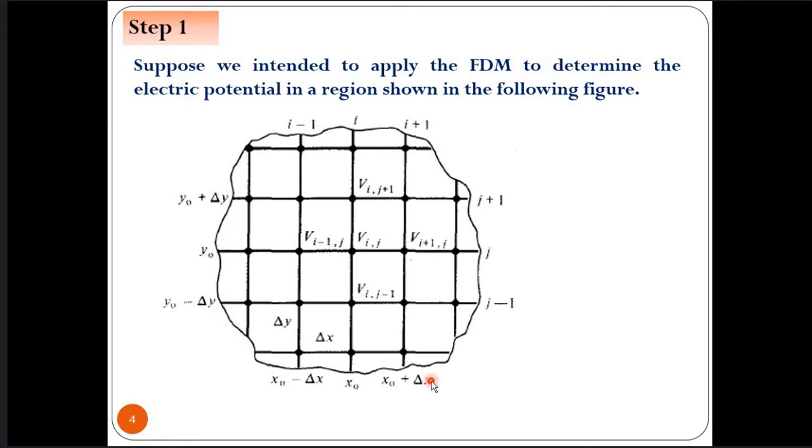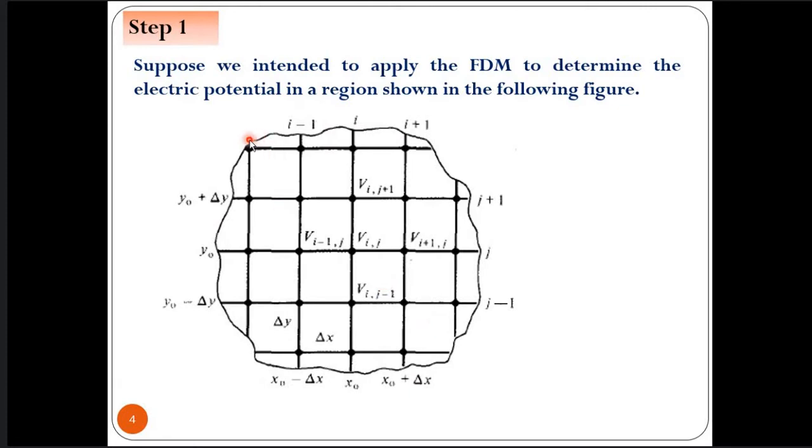Now, to apply the finite difference method, this particular computational method, to approximate the electric potential, that is V, within this given region, following step 1, we have to divide this entire given region into a number of grids.